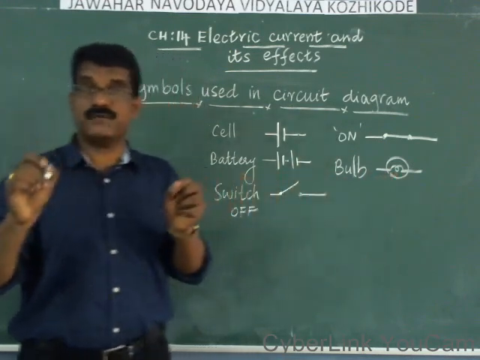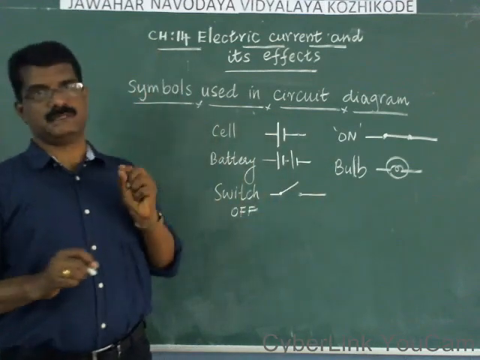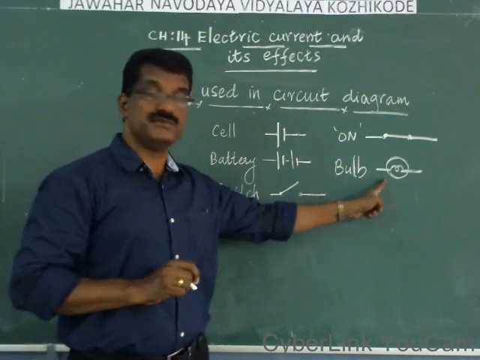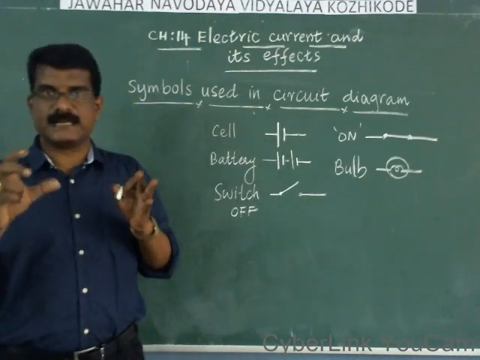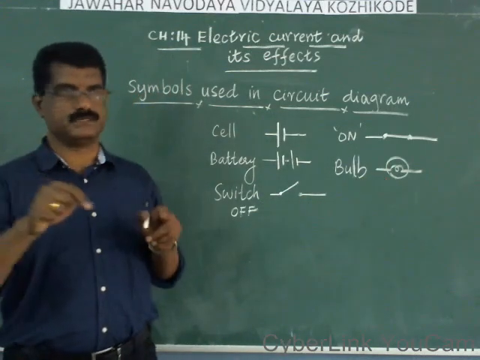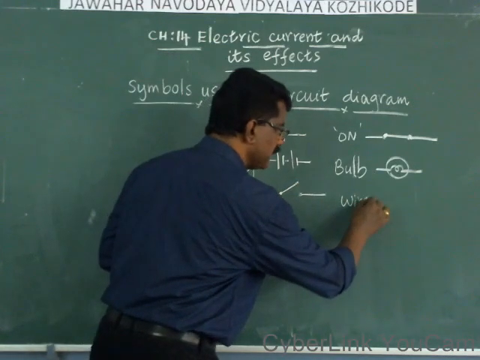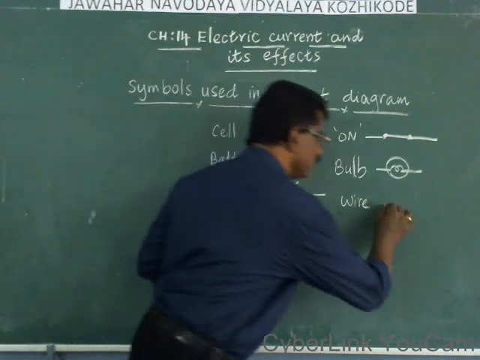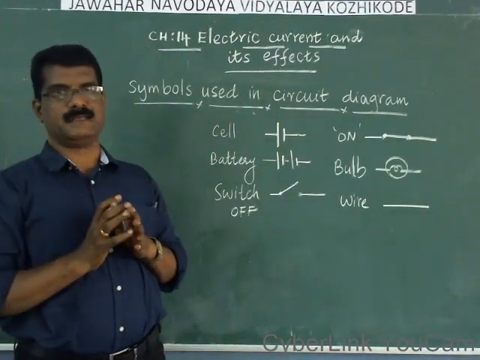So this is how we can represent a bulb in a circuit. If you see such a symbol, we can understand that a bulb is used in a circuit. Then for wire, simply a straight line can be drawn. If you find a straight line, that indicates that it's a wire.